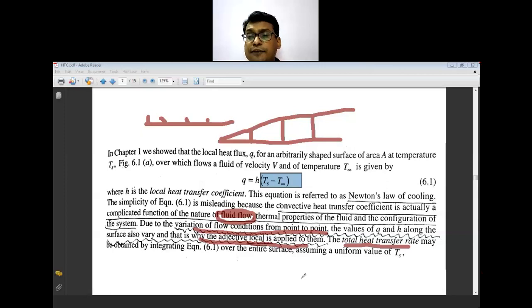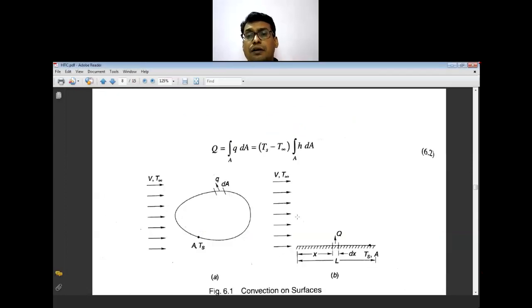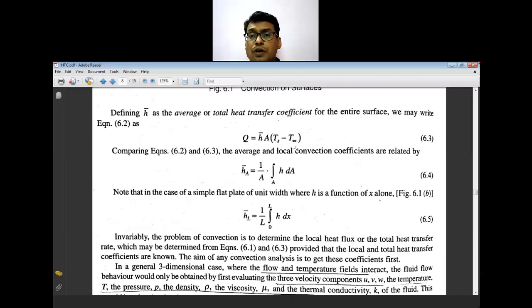That is because the fluid properties are different at different points. For that purpose, we have to do the averaging. So integrating the above equation, we obtain the overall heat transfer coefficient H.